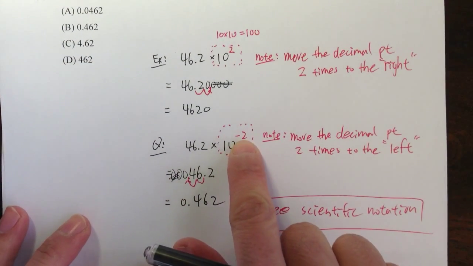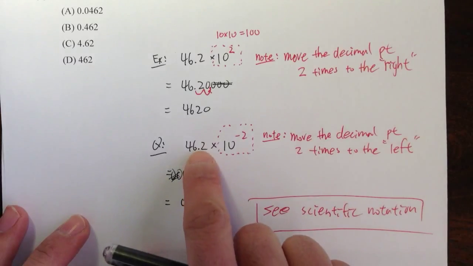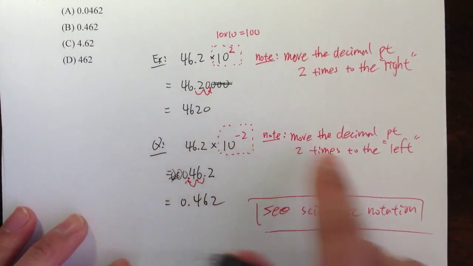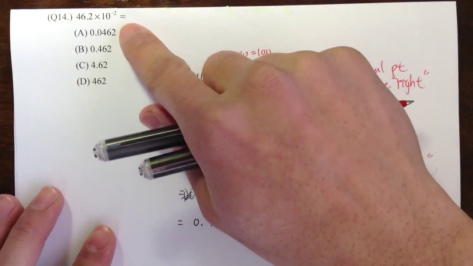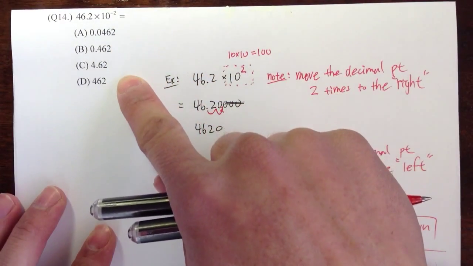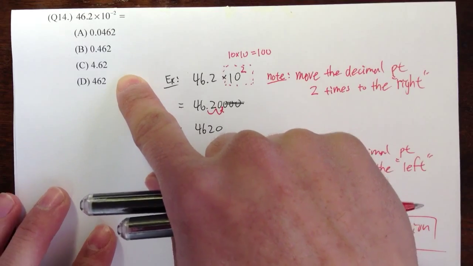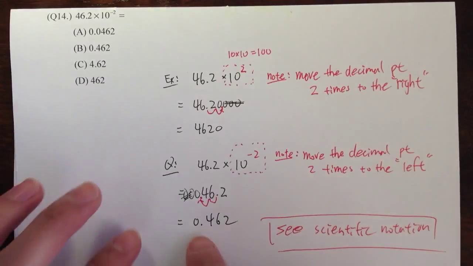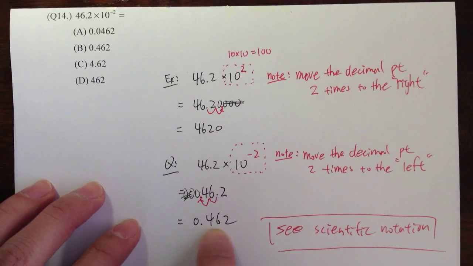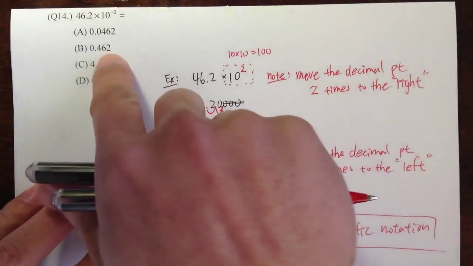When you see a negative exponent, just move the decimal point twice to the left in this case. Okay, and as you can see, all the choices look similar, right? They all have the 462, but it's the decimal point that's the key. And the answer is 0.462. I think that's answer choice B.